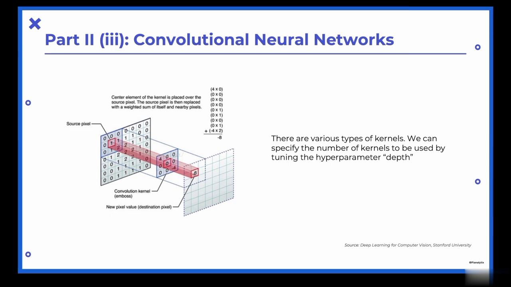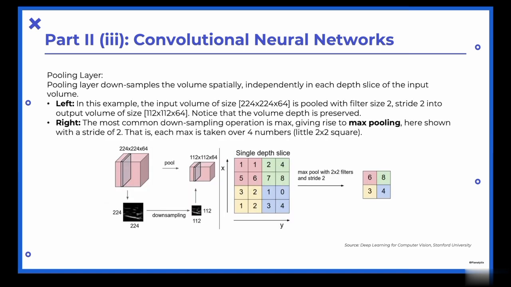Here we can see how a convolutional layer is working. We can see a convolution kernel or one particular filter with a size 3x3, which is convolving with one part of the image and giving us a feature. We can see here how the pooling layer works. The pooling layer basically deals with downsampling the volume spatially.